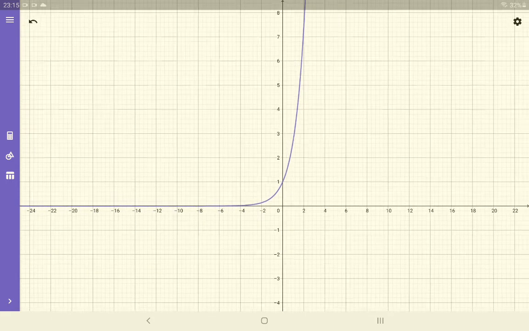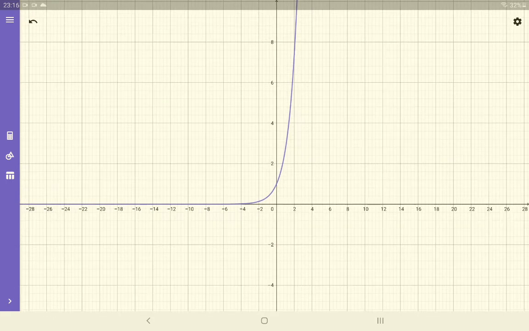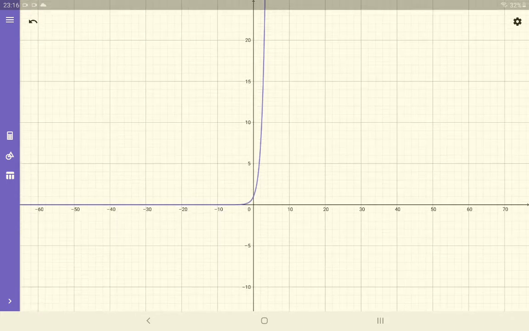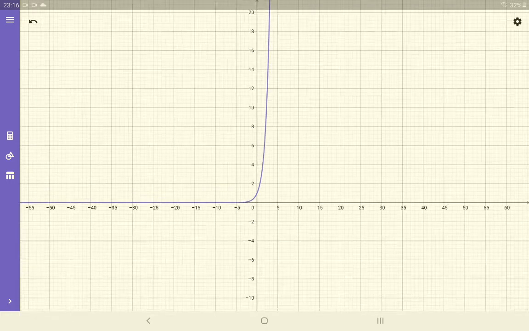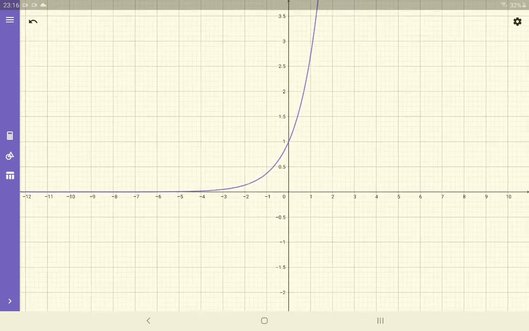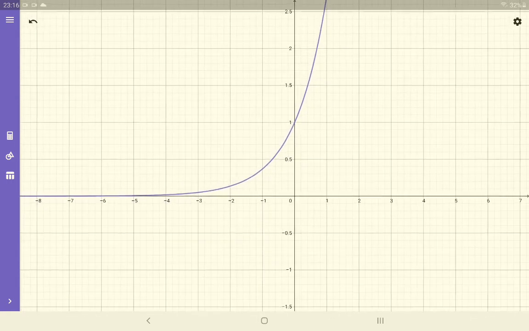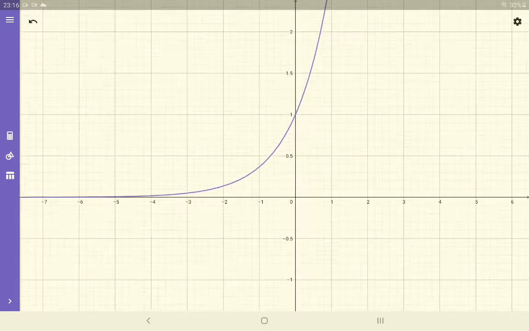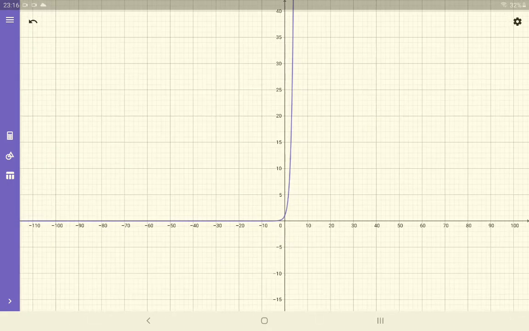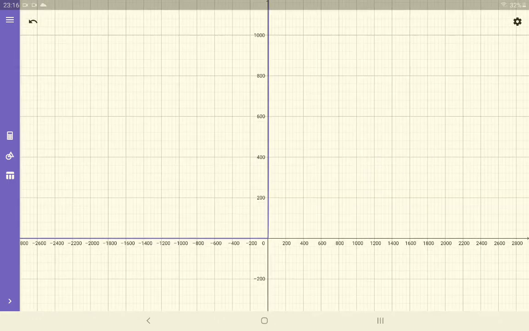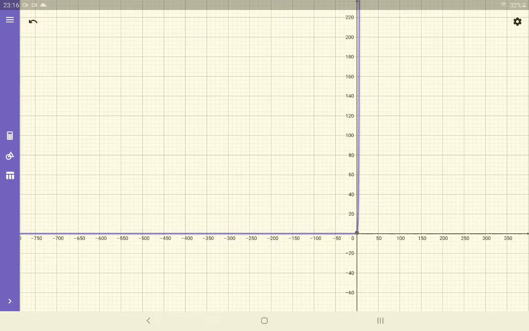It is the open bracket 0 to infinity. Your y moves towards infinity and your x stays away from 0. So it's open bracket 0 to infinity here. This is the structure of the graph for your exponential function, how it looks, y equal to e raised to x.